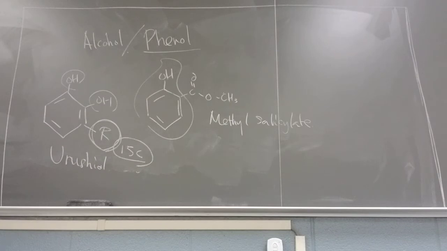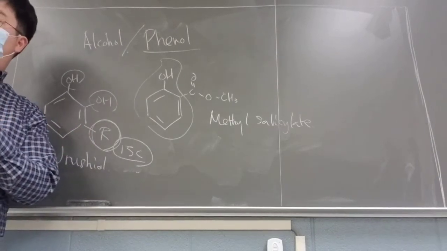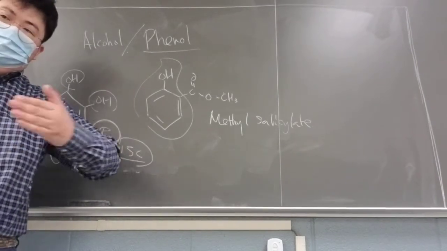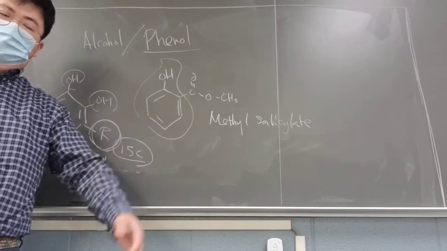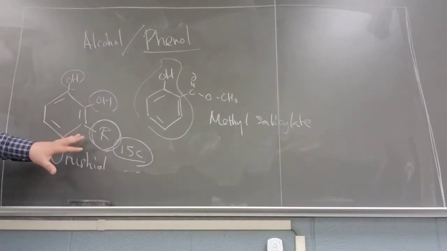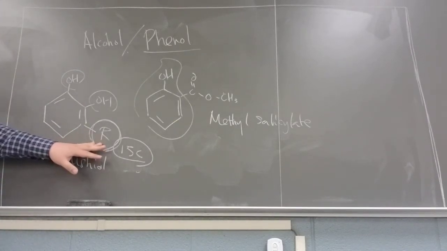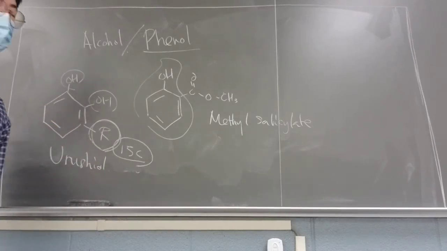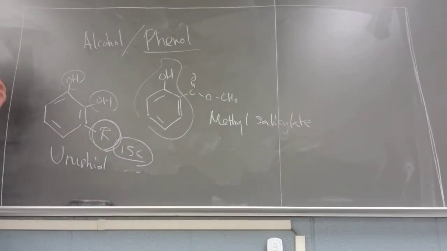The only difference in this R is the position of the double bonds. Either it will be all single bonds all the way, a single carbon 15 alkyl group, or usually some carbon 7, 9, 10 and 11 double bond positions. But whatever this R group is, this type of compound will cause an allergenic response, especially on your skin. So this is something you can find in poison ivy.